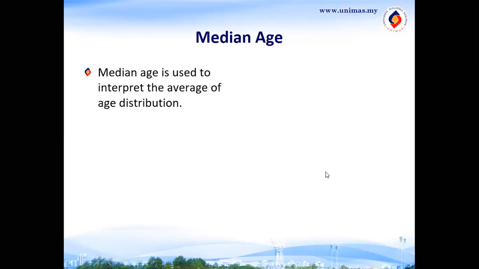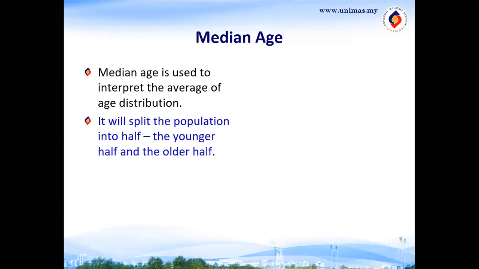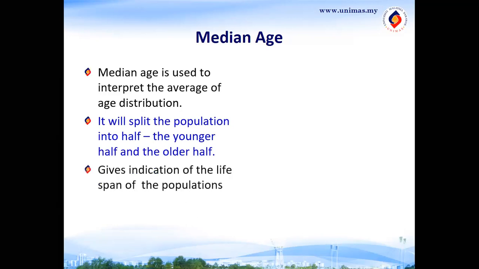So median age is used to interpret the average age distribution, of course, just like mean. When mean and median fall at the same point, that is a perfect normal distribution, of course. All right, so you will split the population into two equal half, the younger half and also the older half of the population. And median age also gives indication of the lifespan of the population.